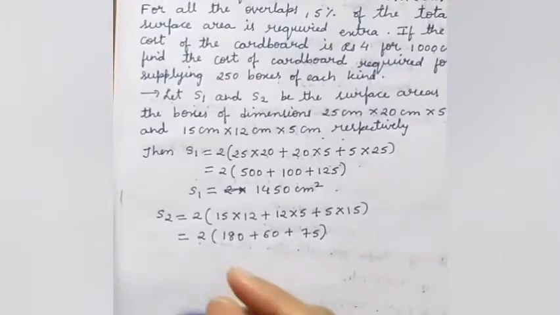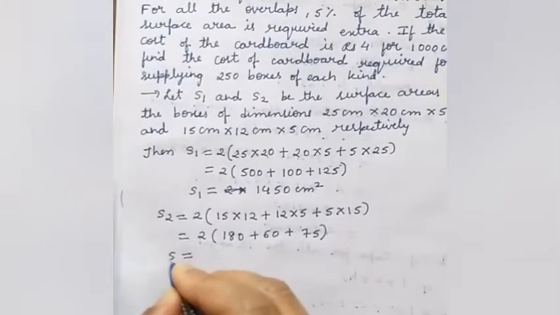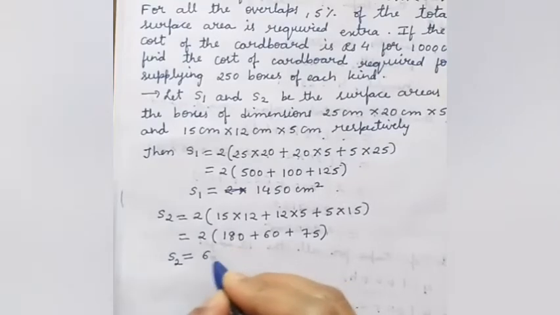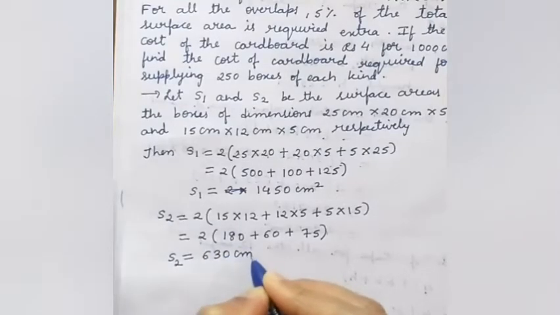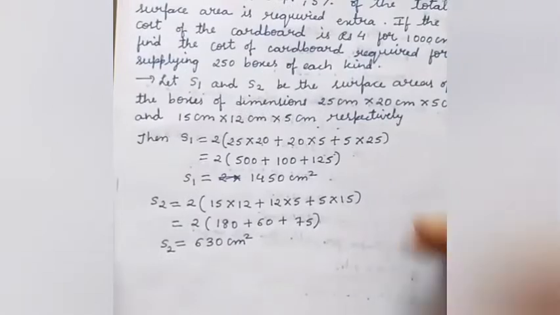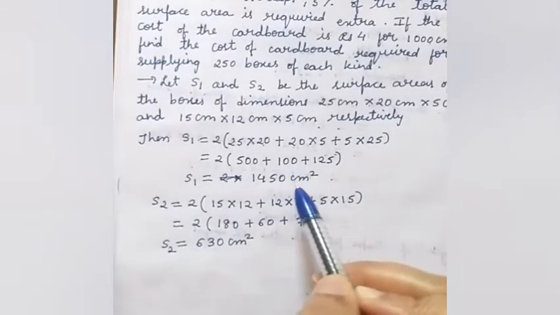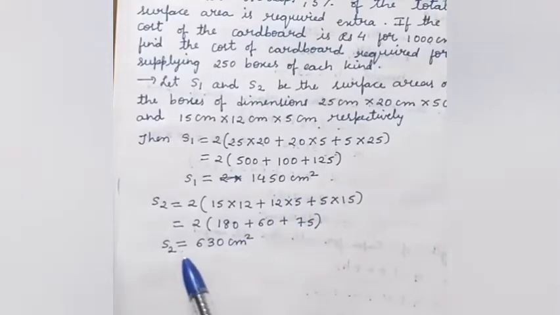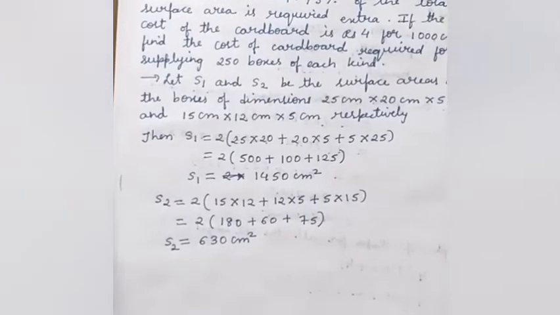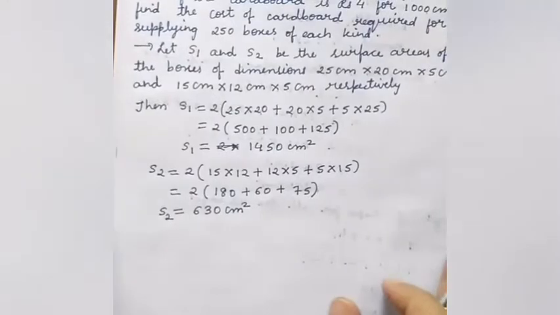If we add and multiply by 2, we get S2 equal to 630 centimeter square. So the surface area of the first box is 1450 centimeter square and of the second box is 630 centimeter square.